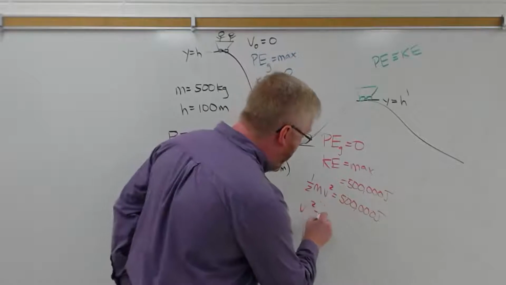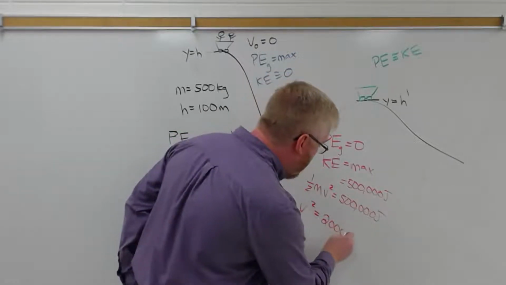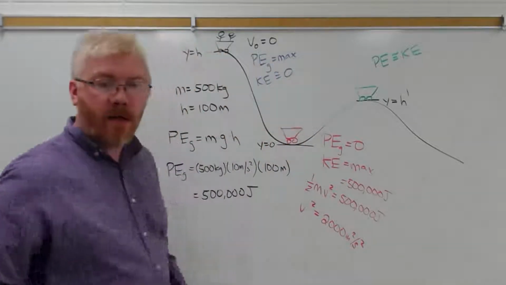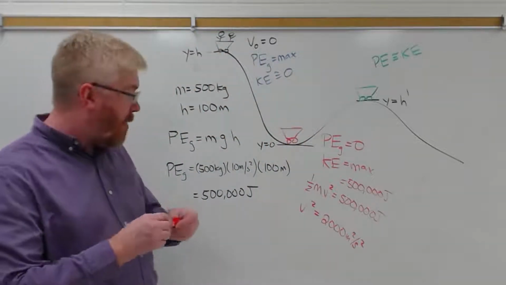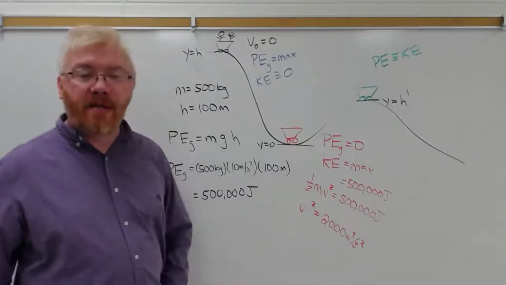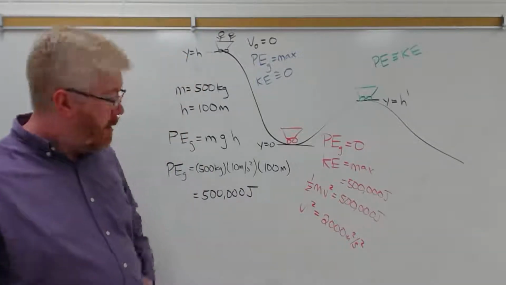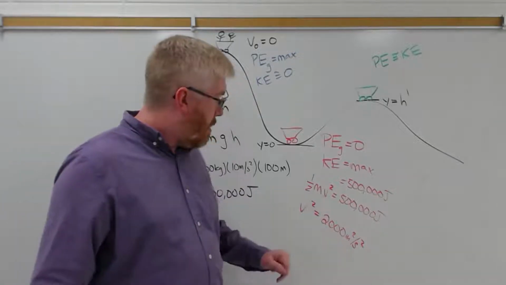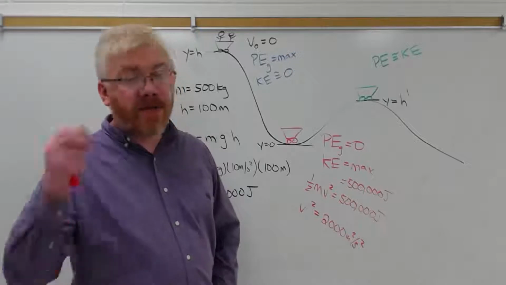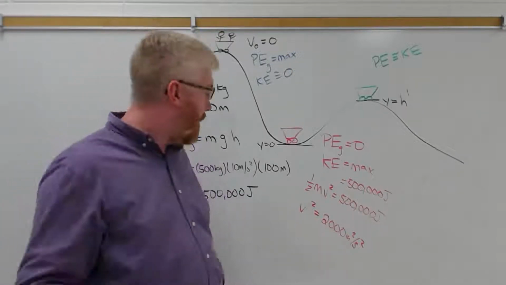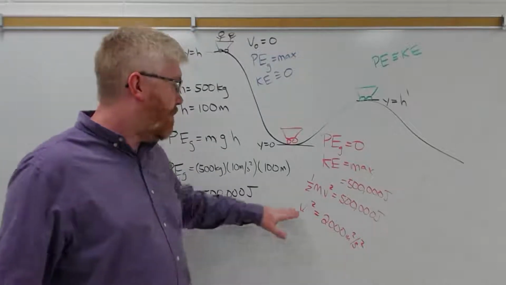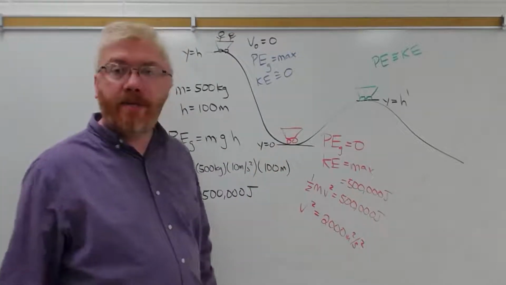So the speed squared is equal to 2,000 meters squared per second squared. So you have to take the square root of both sides, and I don't know what the square root of 2,000 is off the top of my head. Take the square root of both sides to figure out what the speed of the cart is at that point.